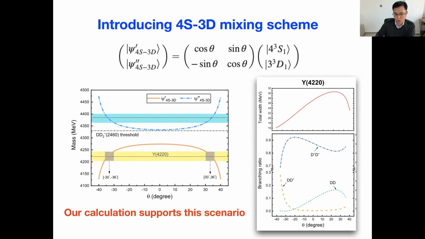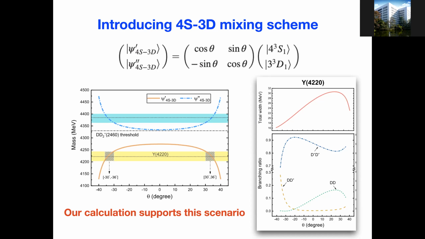If we introduce the mixing at 30 degrees, we can get the same mass as the Y4220. So it means that we need to introduce the mixing scheme to further study the Y4220.